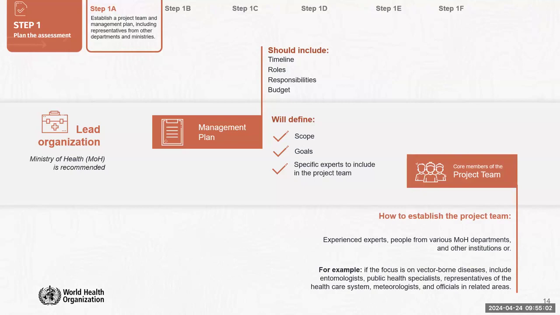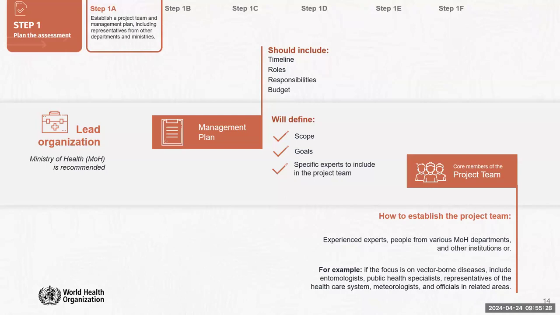And then there will be perhaps one or two project teams assigned. One would be a team of core members that will accompany the project throughout its duration, but you will also need to bring in an extended group of persons that would help you in different aspects of the problem.